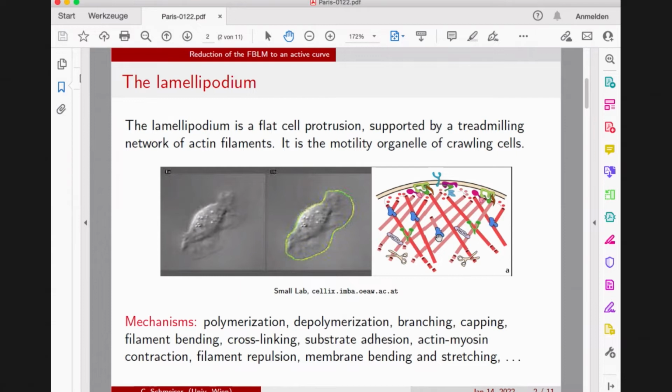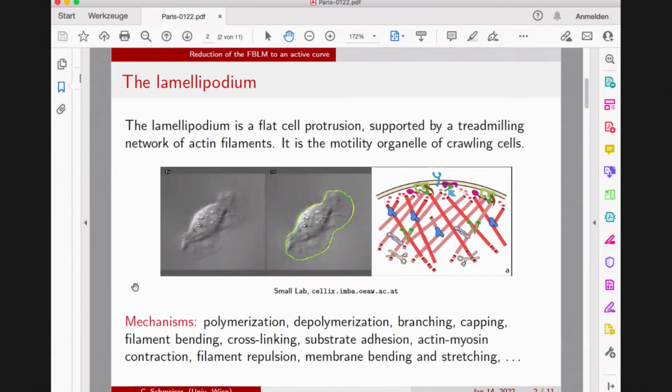So you see them all over the place, also in the back, but this is just because they are pushed away from the leading edge. The opposite process, so to say, is capping. Filaments can be deactivated by a protein being put at the end, and then no more polymerization takes place, and the filament more or less is out of the game.